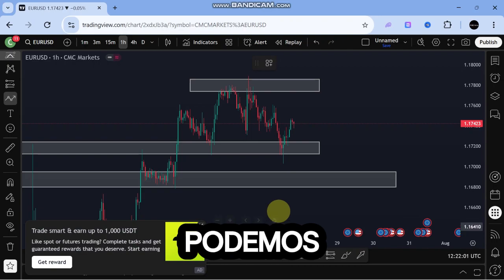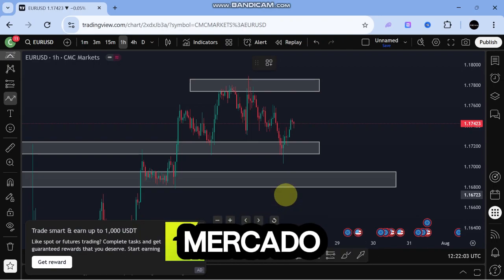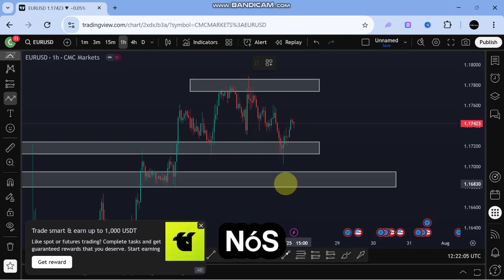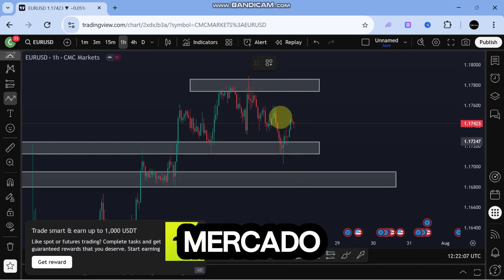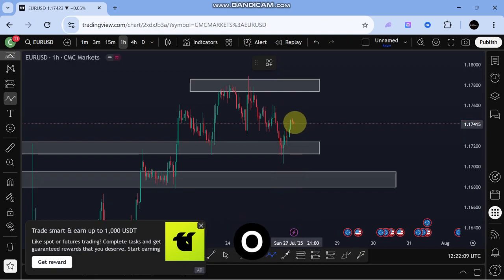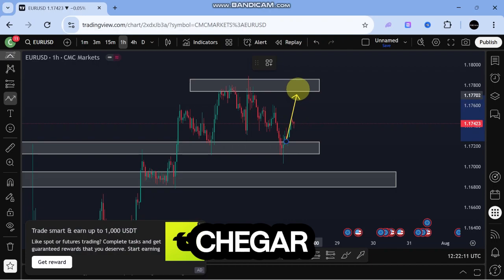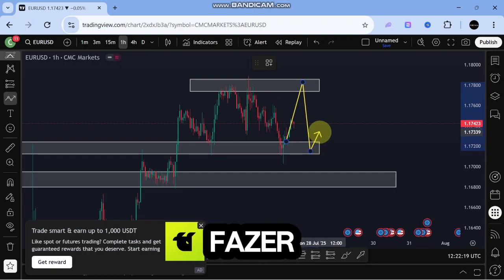Because we can't predict the market absolutely. We act according to what the market does. So if perhaps price gets to this place again and starts to retrace, we have to wait for it to come to this place. And once it starts making a bullish sign, then we can enter.